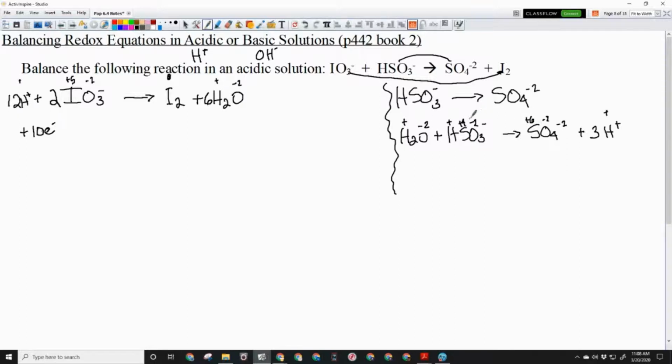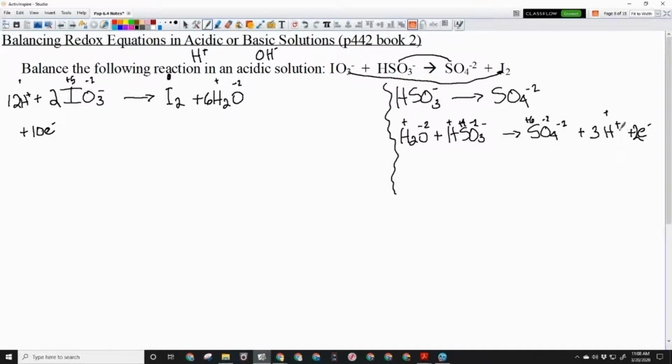Okay, so how does that happen? If we have a +4 here and a +6 here, we need to add electrons to this side. Okay, how many? Well, 4 and 6, that must mean we add 2 electrons. And there's only 1 sulfur, so that's 2 electrons.